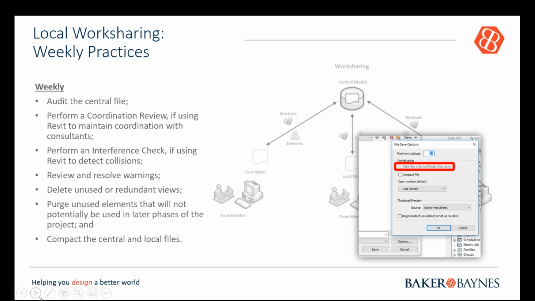You want to delete all unused or redundant views, and that means that little section line that you keep drawing up to maybe show the client something, whoever it is, or to model up something nice. I know that this happens often and it becomes very difficult to track which of those section lines need to be deleted.